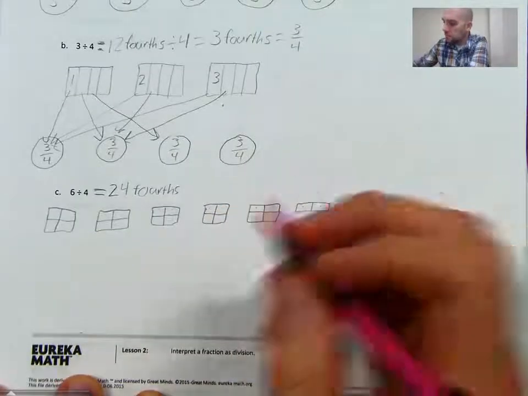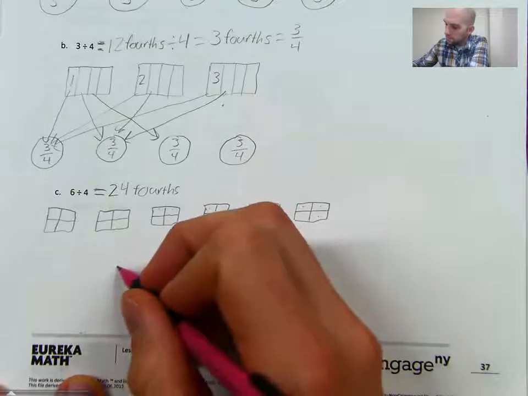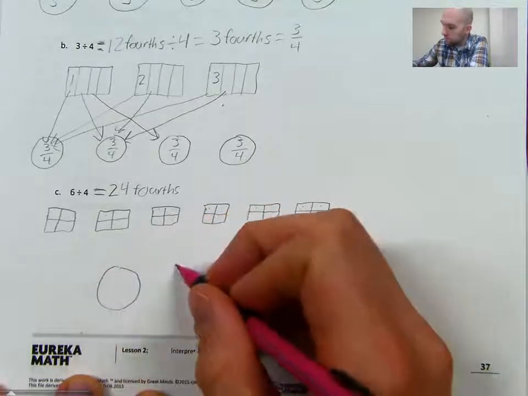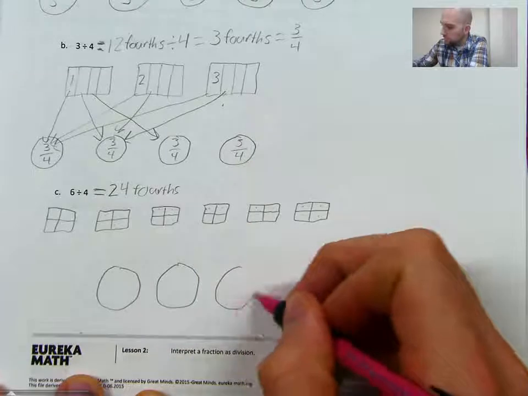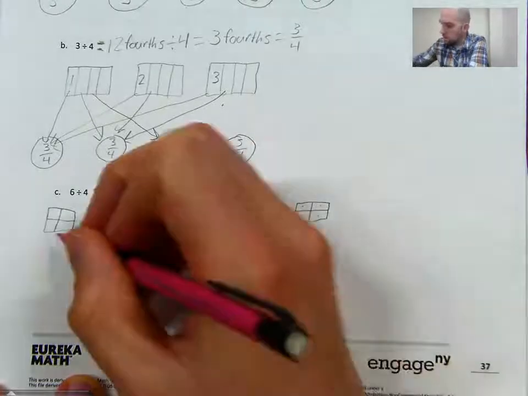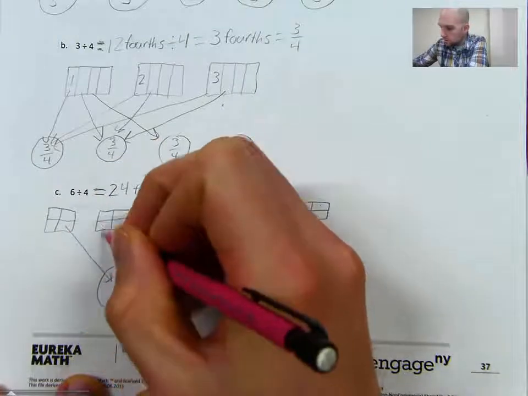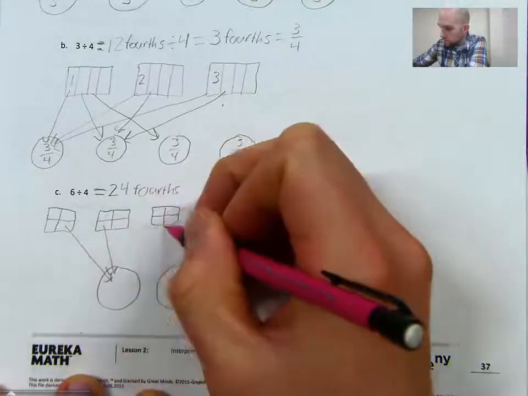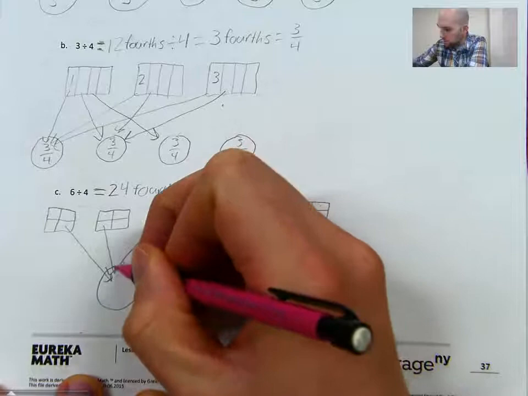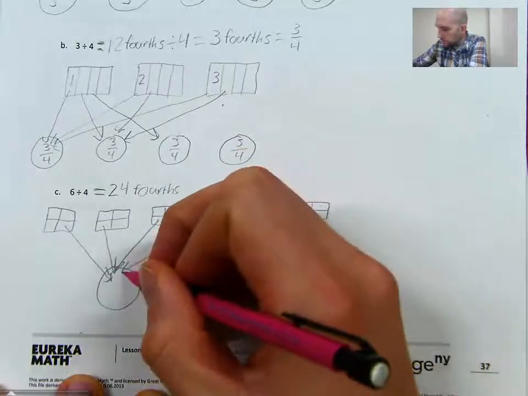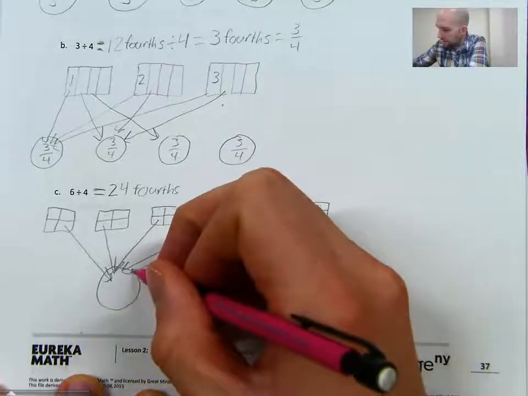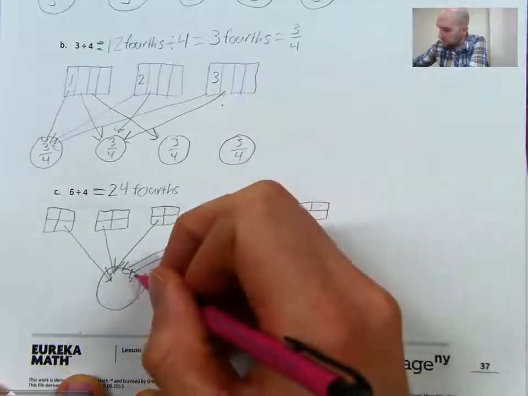And I need to split those into 4 groups. Well, if I take 1 from each one of these, 2, 3, 4, 5, 6.